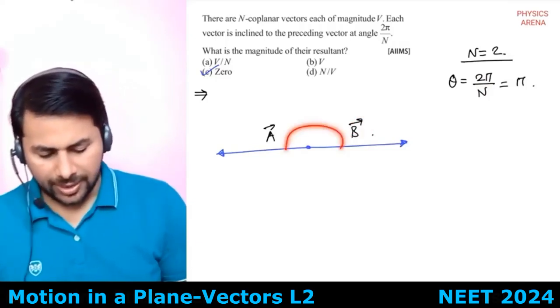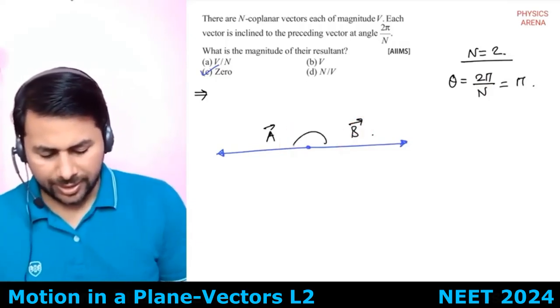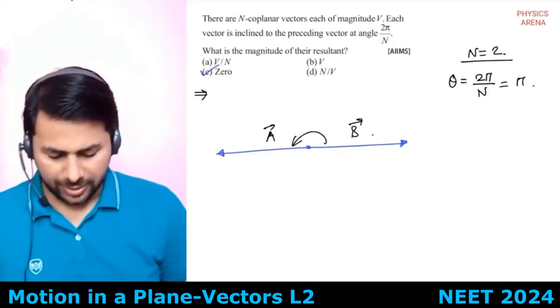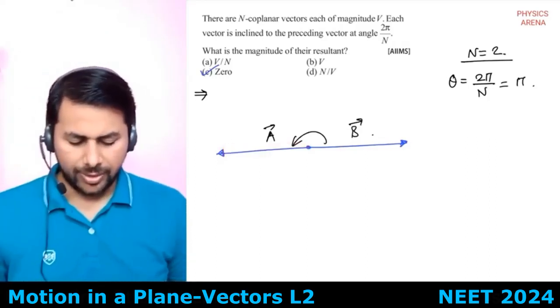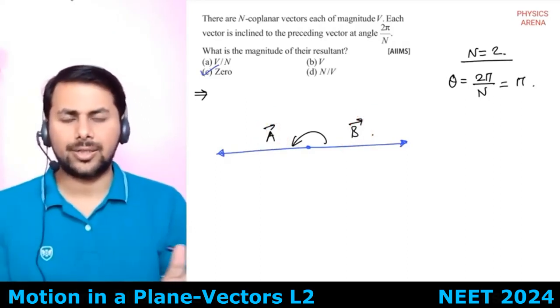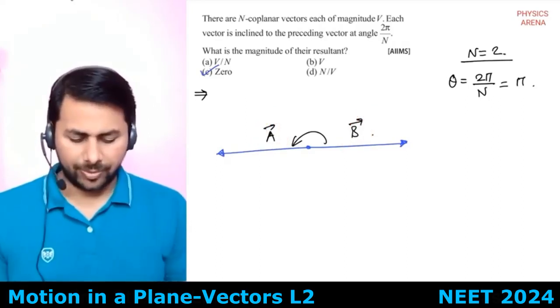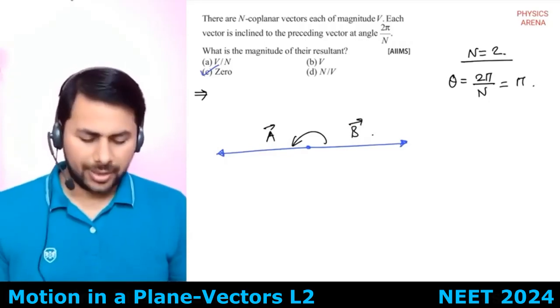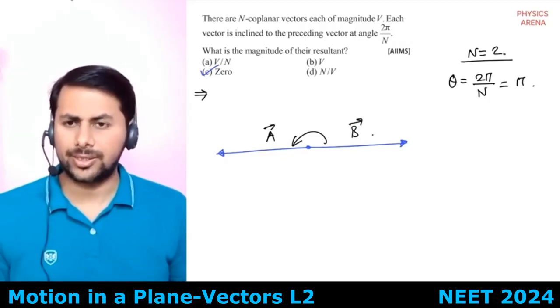The second vector will be inclined at an angle of 180 degrees with the first vector. So this is a bar. This vector and this vector have the same magnitude, but they are directed opposite to each other. So the resultant will be how much? Resultant is 0. Got it? Yes, no?